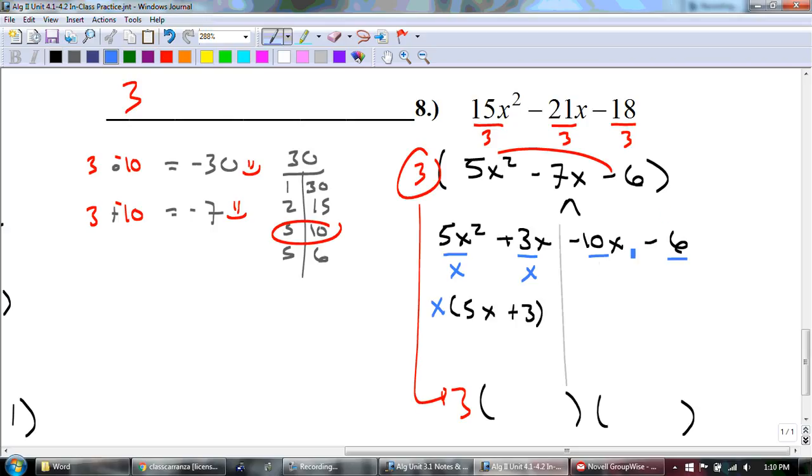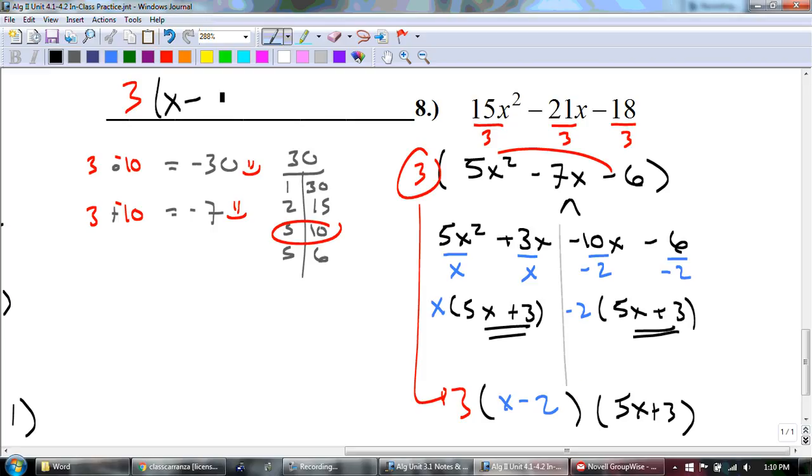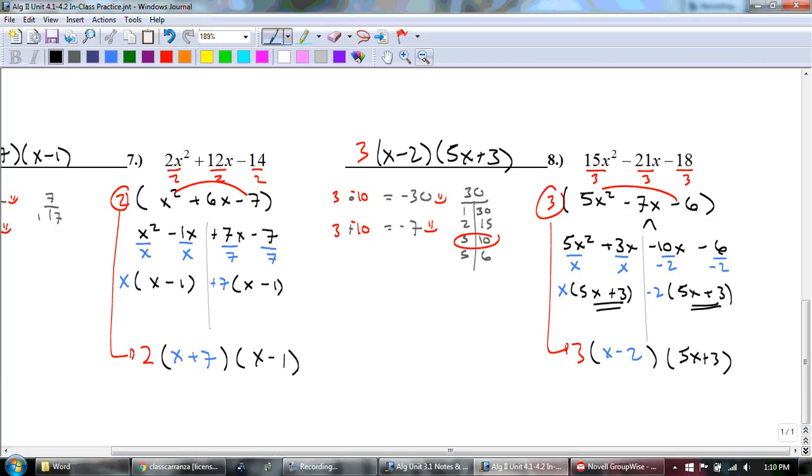And then the GCF of the back is a negative 2, and when we divide that out, you end up getting 5x plus 3. So yay, they matched. 5x plus 3, and then x minus 2. And there you go. That's it.